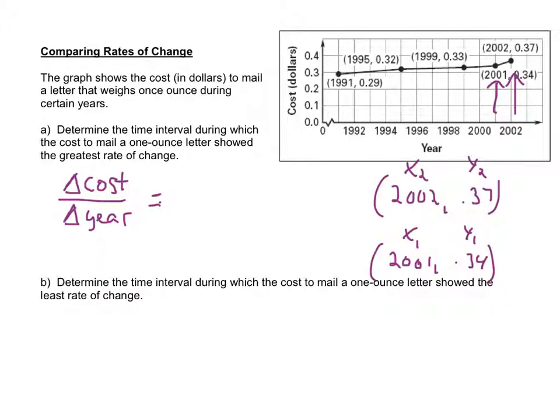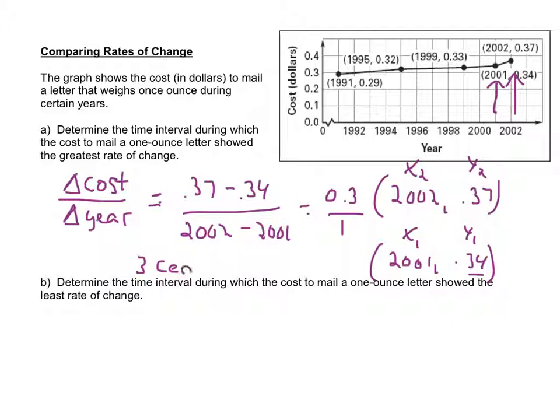I take the Y2, which is 37 cents, I subtract the Y1, which is 34 cents. And then I subtract the X values, 2002 minus 2001. So I would get 3 cents in that particular year. So it'd be 3 cents a year would be the greatest rate of change.